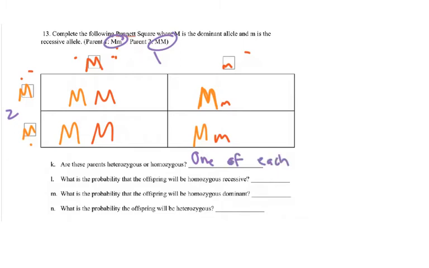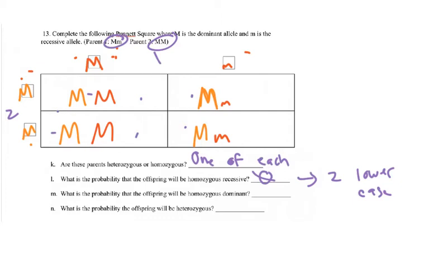What is the probability that the offspring will be homozygous recessive? So homozygous recessive would mean 2 lowercase, okay? There are none, right? I see upper, upper, upper, upper, upper, upper, upper. So there's a 0% chance of that happening.